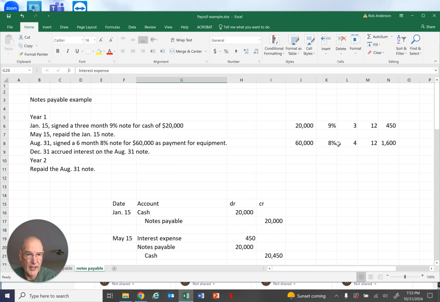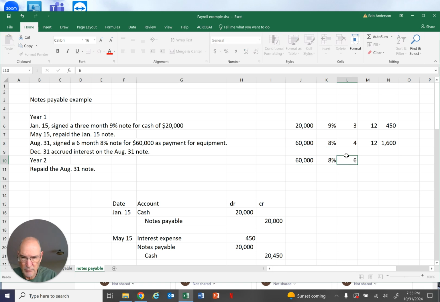So how much is that? Well, I like to do this a very specific way, and this way you'll always get it right. I'm going to figure out the interest for the full note, the full 6 months, and then I'm going to subtract the amount we already accrued. So let's do that. Here's our 60,000 and our 8%.